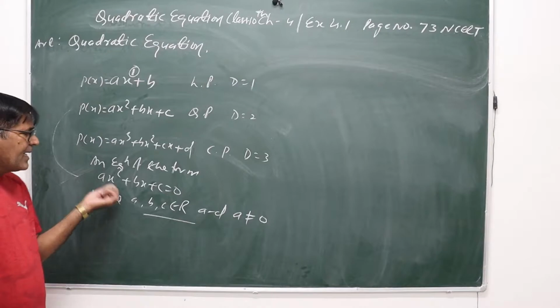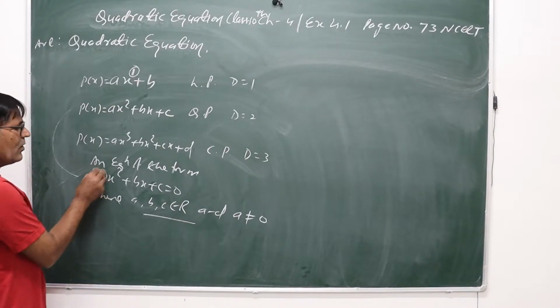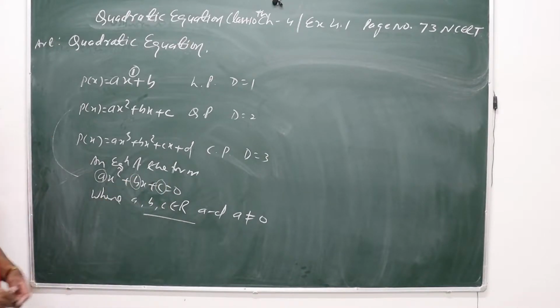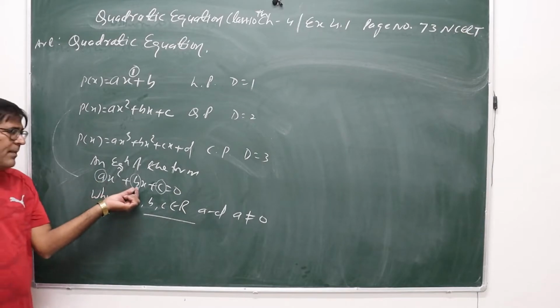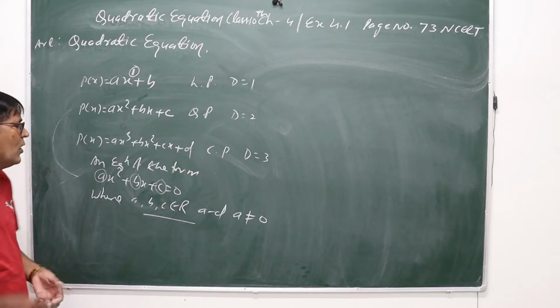So this is the standard form of a quadratic equation where a is the coefficient of x square, b is the coefficient of x and c is the constant. But b may be 0, c may be 0, but a will never equal 0.